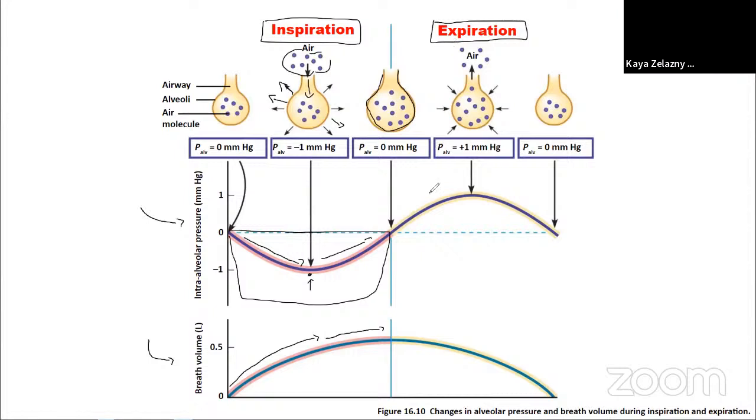Next, for expiration, now we're going to want to be pushing air out. So the way we're doing that is we're shrinking the alveolus. As the lungs recoil, the rib cage moves in, pushing that alveolus smaller. This gets us higher pressures in the alveoli, which forces the air out.